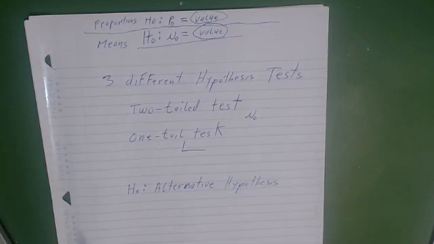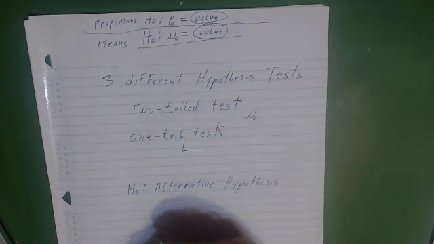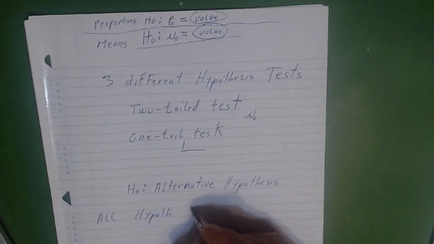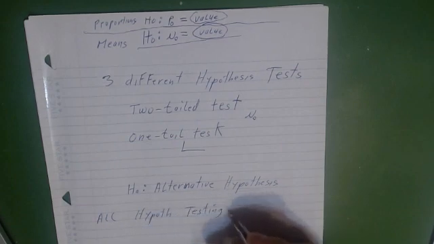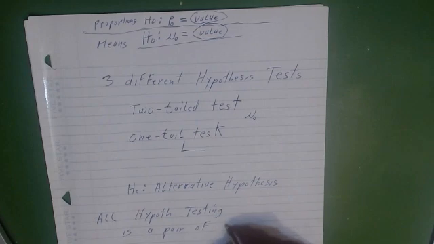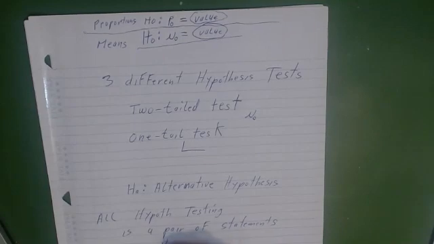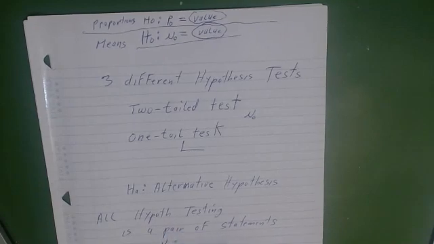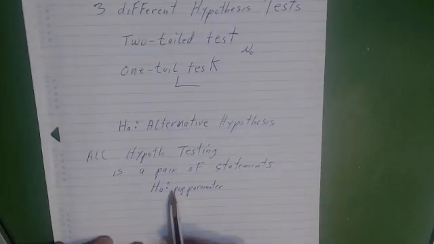So hypothesis testing is always a pair. All hypothesis testing is a pair of statements. You have H0 and your population parameter. In means testing, this would be a mu.